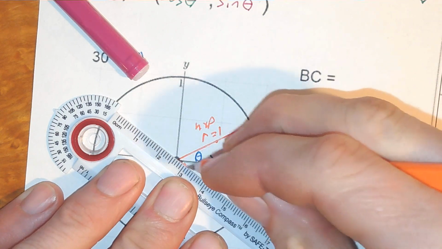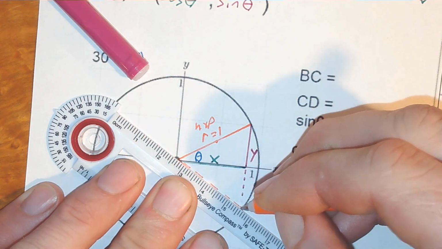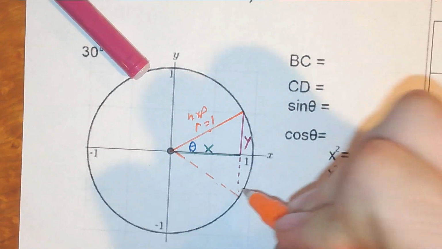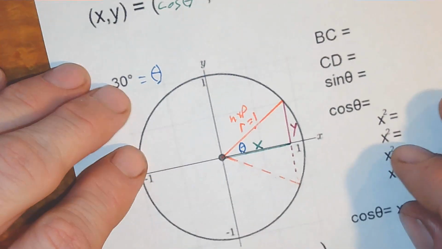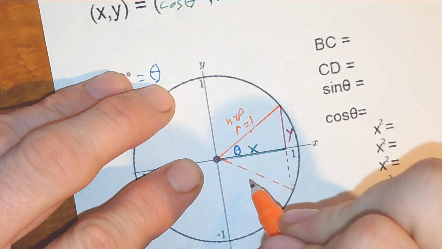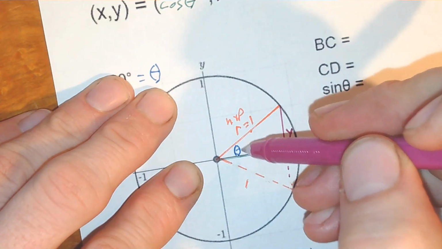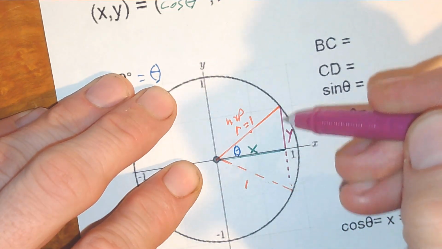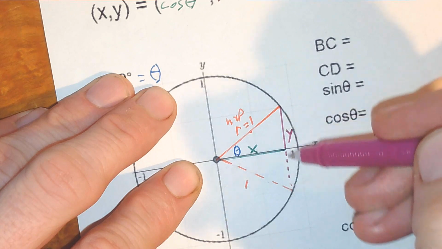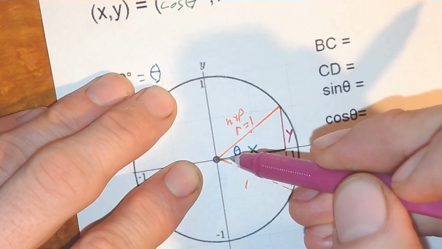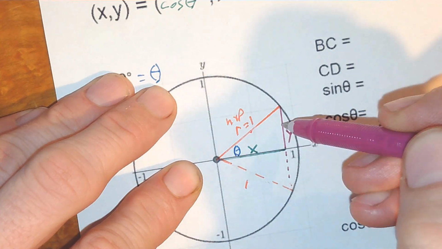This is my dotted equilateral triangle that mirrors my other triangle, right? So, if this was an equilateral triangle, that means that this would equal 1, right? If this was 30 degrees, this would be 30 degrees, right? And then this whole thing would equal 1, right? This would equal 1, and then this would equal 1, right?